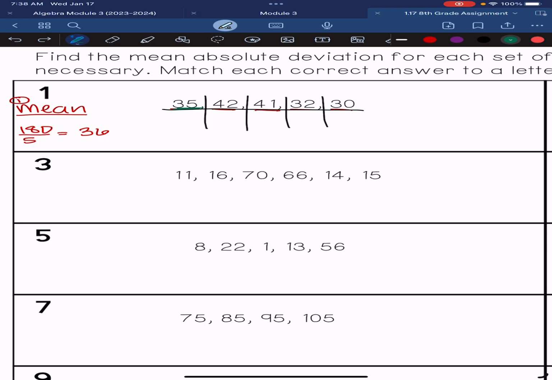So 35 minus 36 is negative 1, but again, it has to be positive, so my distance is 1. 42 minus 36 is 6. 41 minus 36 is 5. 32 minus 36 is negative 4, but again, it has to be positive, so I'm going to put positive 4. And then 30 minus 36 is negative 6, but it has to be positive, so it's just 6. So these are my distances.